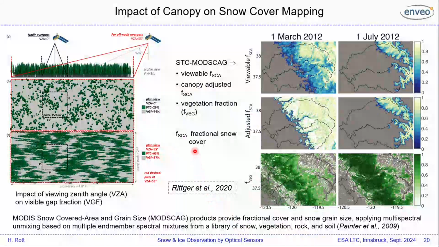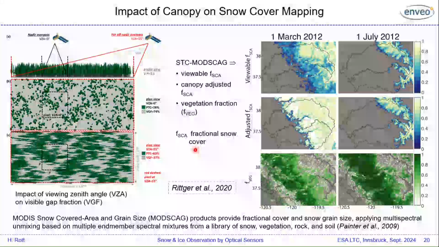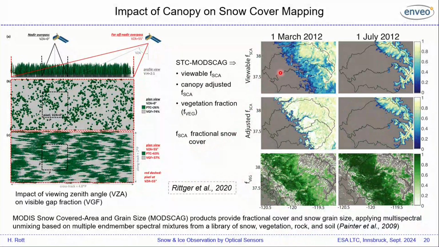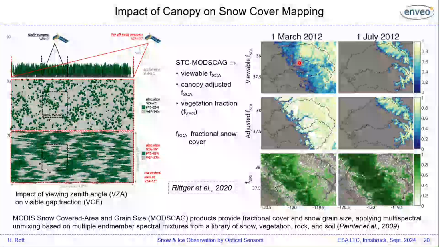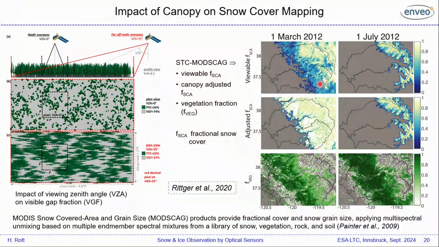But they use spectral mixtures and end member mixtures from a library of snow, vegetation, rock, and soil, which means they do not yet, maybe they do not yet, I hope they will later discriminate the shadow and non-shadow. But of course, then you need to use digital elevation models and so on, so it's quite tricky. And this example shows now here this viewable fractional snow cover.